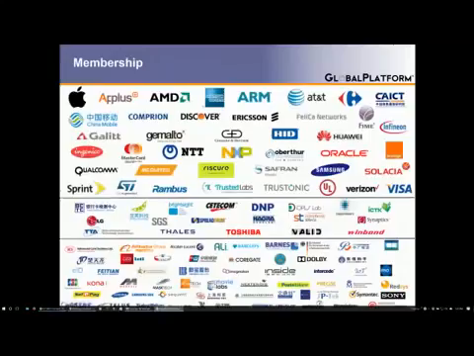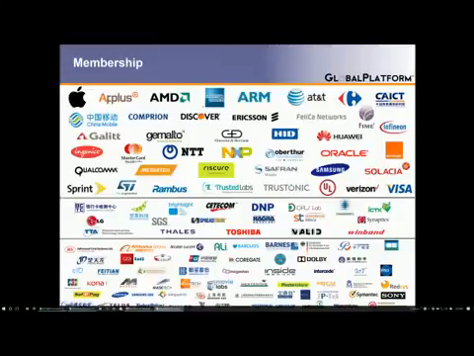So just a screenshot quickly of our membership. The top third of the screen is our full members. The middle is the participating members that have a lot to do with our specs as well. And the bottom level is our observer level members.